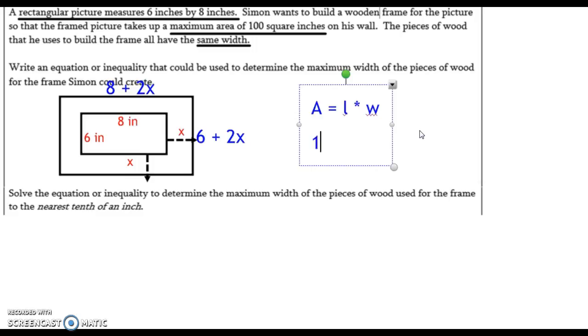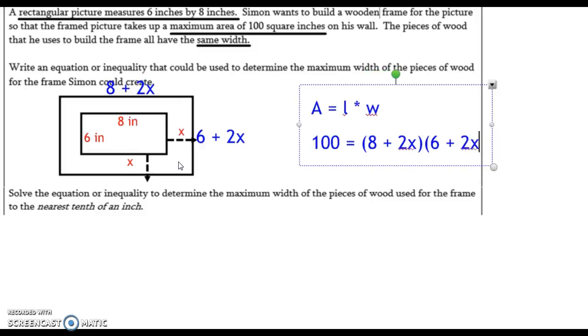Our area is 100 square inches. That's a maximum area, the area of everything. Picture, frame, everything. So we're using the larger measurements. 8 plus 2x times 6 plus 2x. That's our equation.